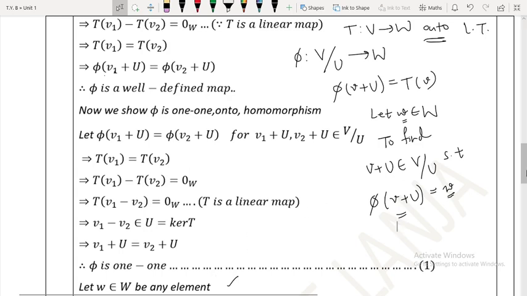So now, T is already given to be onto. Since w is from W, under T this w is going to have a pre-image.